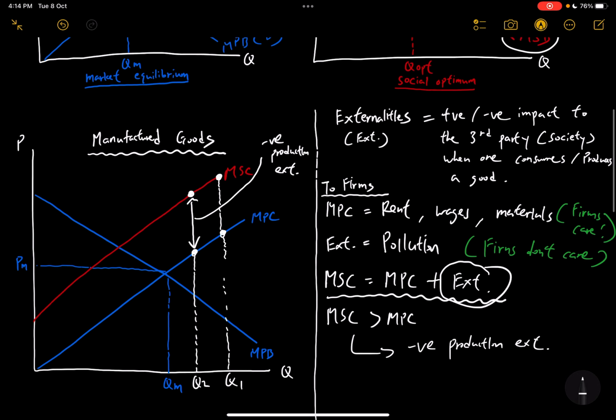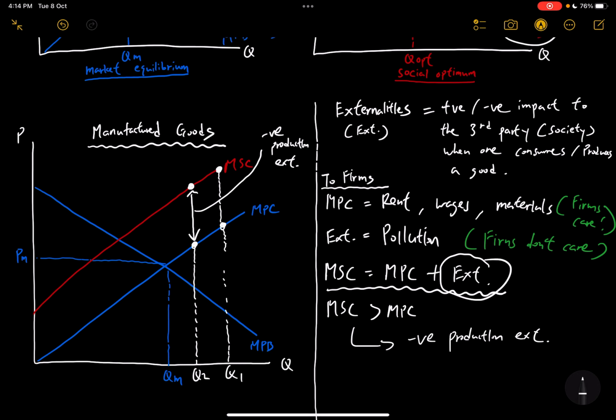So to show that nothing happened to the demand side for the society, we can simply overlap MSB with MPB here. So now I can say MSB is just equal to MPB. Here we're able to complete our diagram.